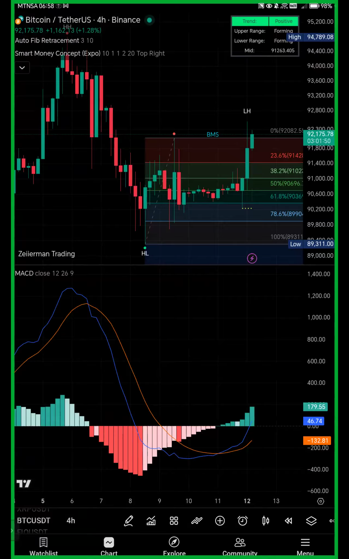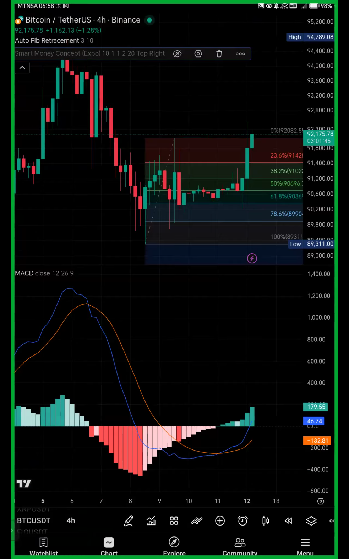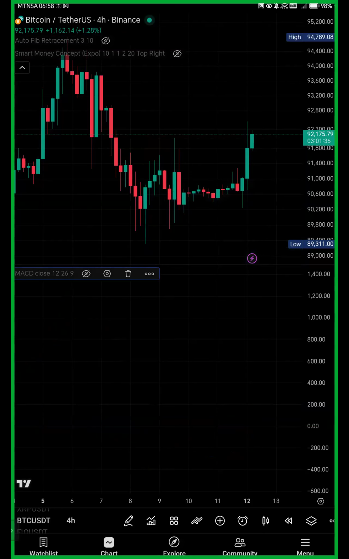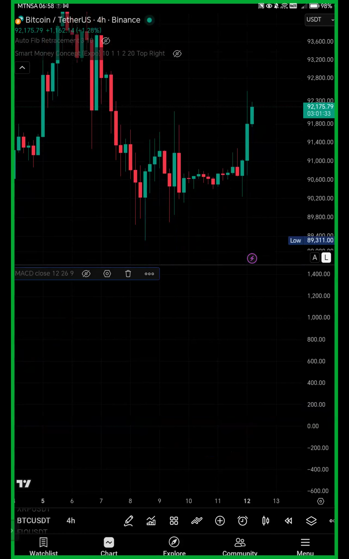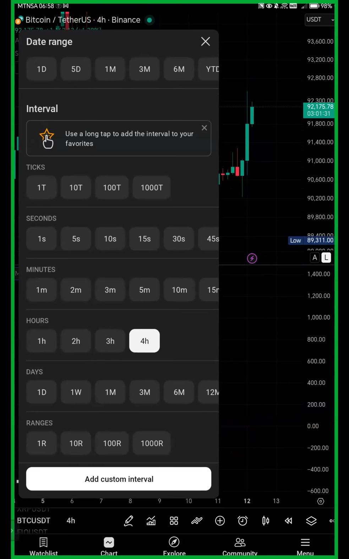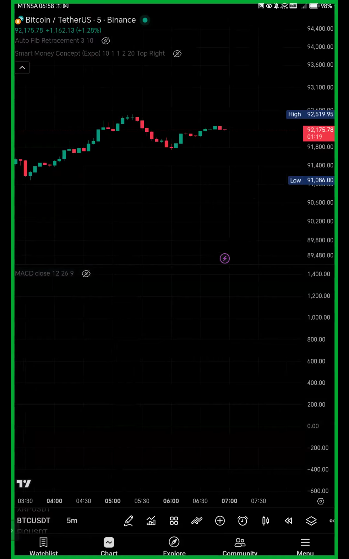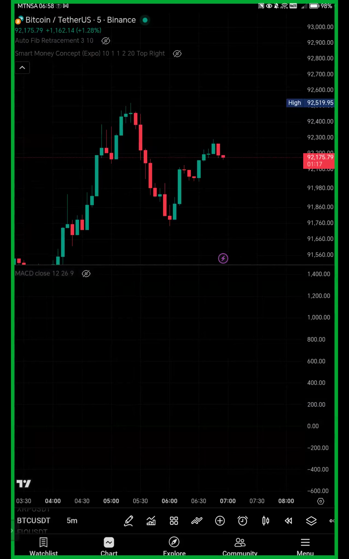Probably I can just hide them. I just want to use candles only here, to illustrate what I'm trying to say. Okay, so this is a 4-hour time frame. Let me change it to a minimal time frame, like 5 minutes.